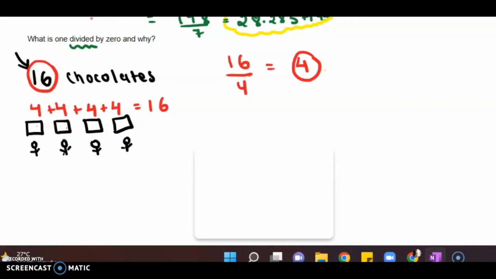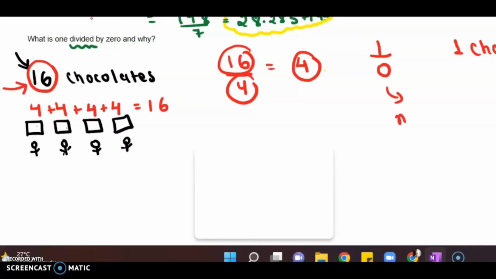Our question is, what is 1 divided by 0? When I say 16 divided by 4, I have 16 chocolates and 4 kids. Now, 1 divided by 0 means you have 1 chocolate and you have to divide this among 0 kids.